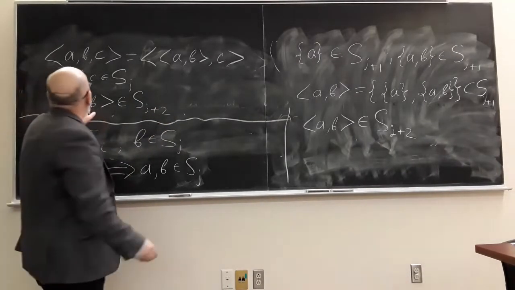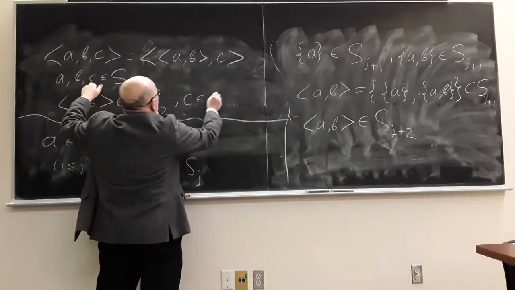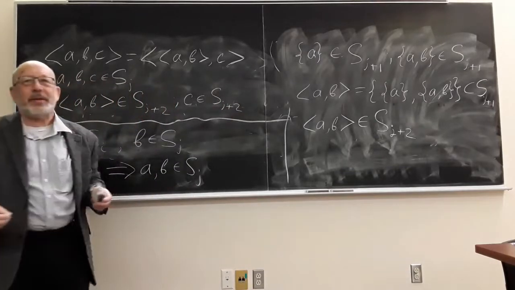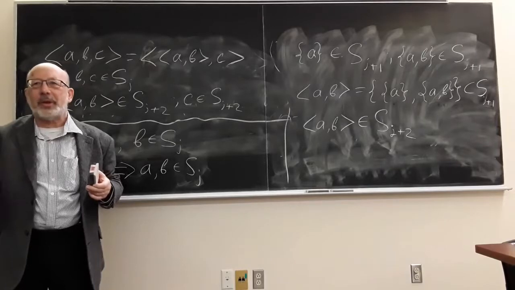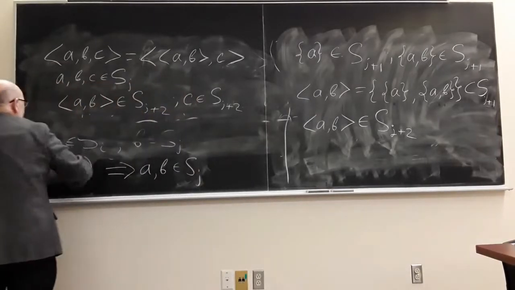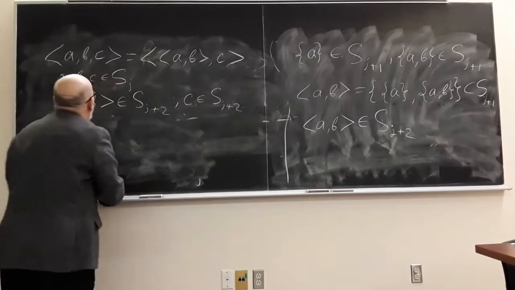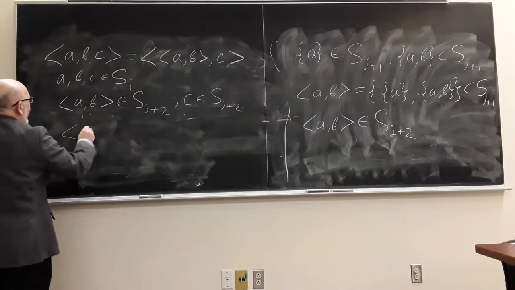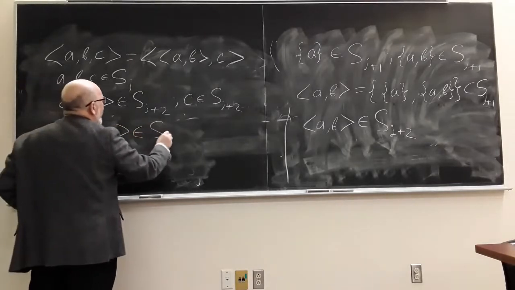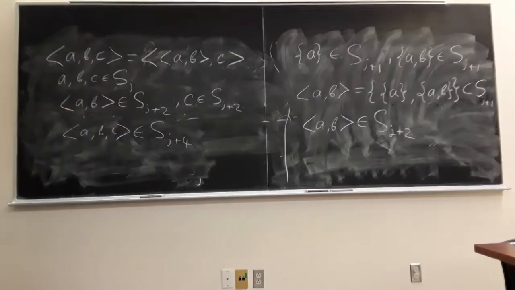Now, we can think that C is also in Sj plus 2. If it is at the level Sj, then even more it is in Sj plus 2. And exactly by the previous, this means that ABC is in Sj plus 4.